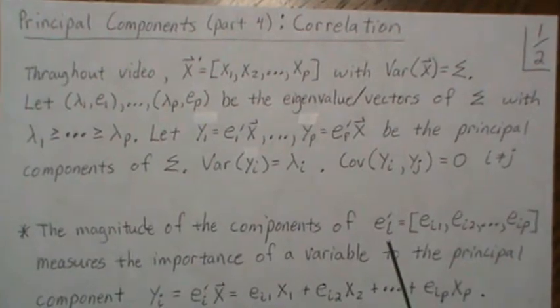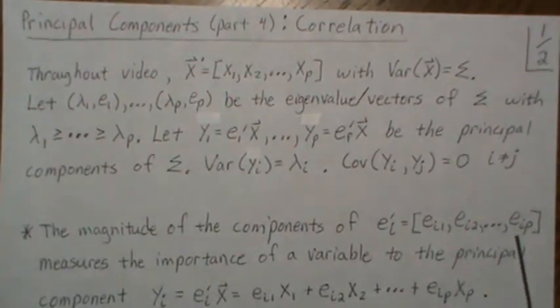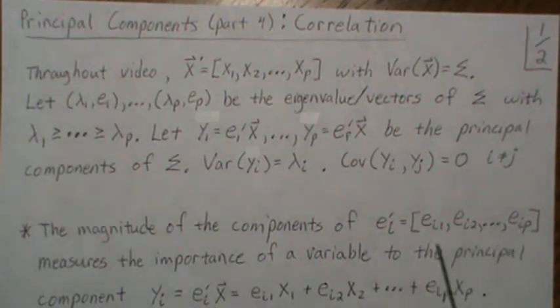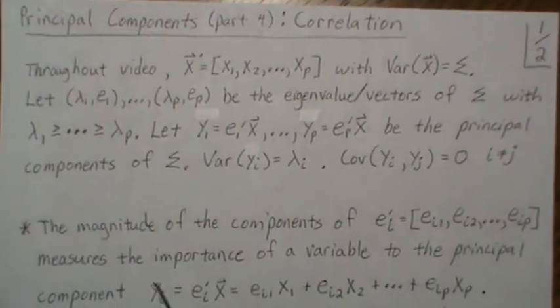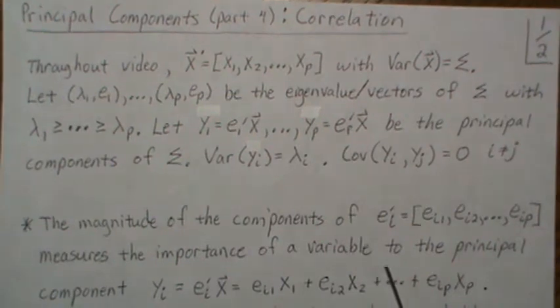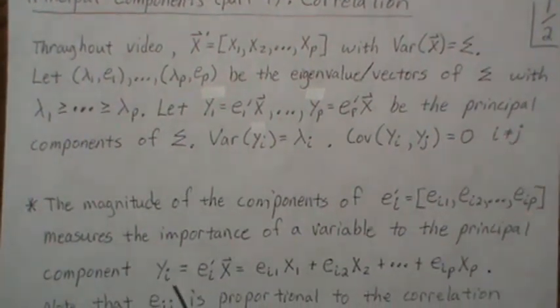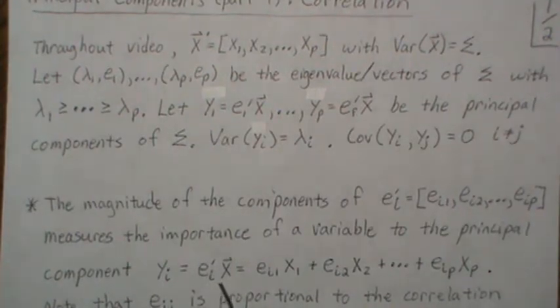So the ith eigenvector is this, and then we look at the magnitudes of these components, and it measures the importance of a variable to that principal component. So again, Yi is equal to ei transpose X, and then it ends up being this.